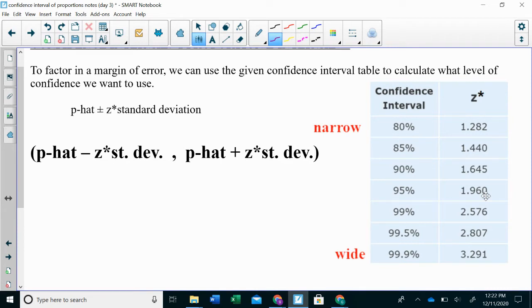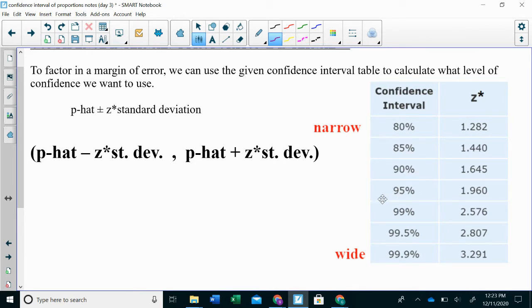So this Z interval that was referred to in the objective gives us, instead of using exactly 2 times that standard deviation each time, a factor that goes with each percent. So if we want to say 80% confidence, then we would use 1.282, 85%, 90%, and so forth. The one that is used most commonly is the 95% confidence interval.